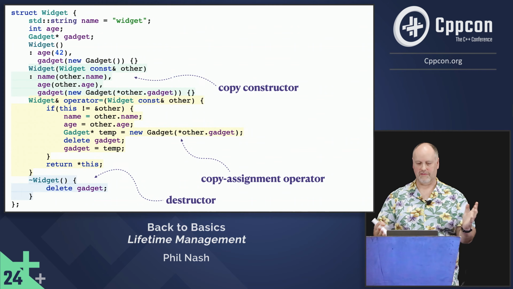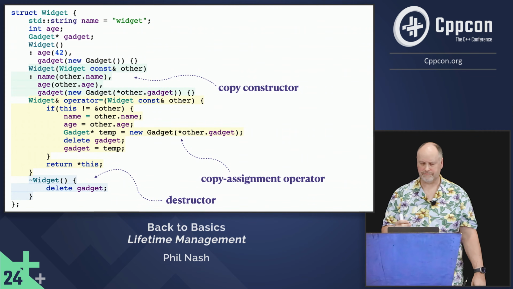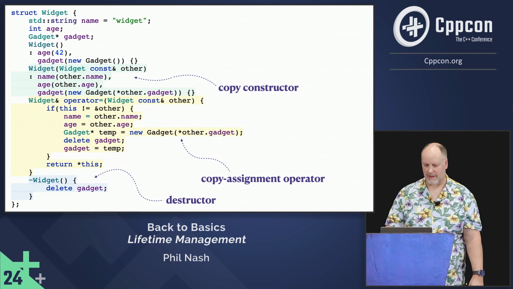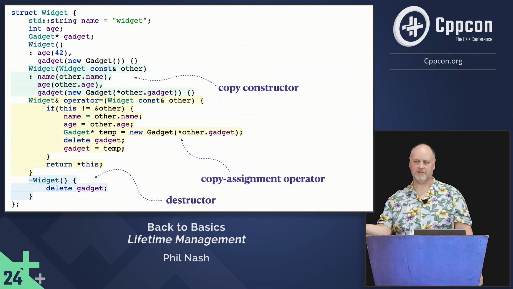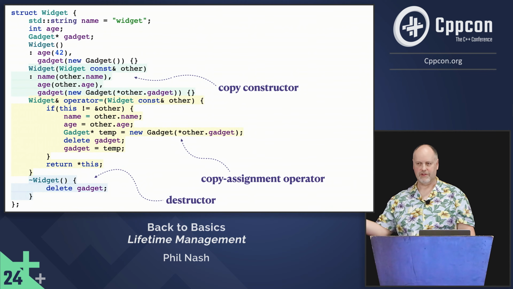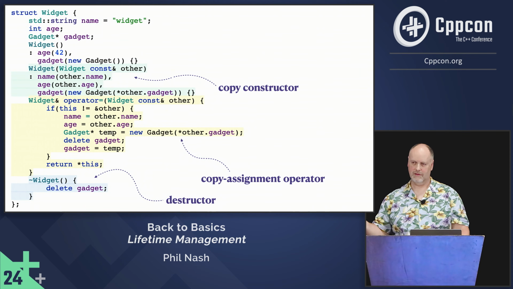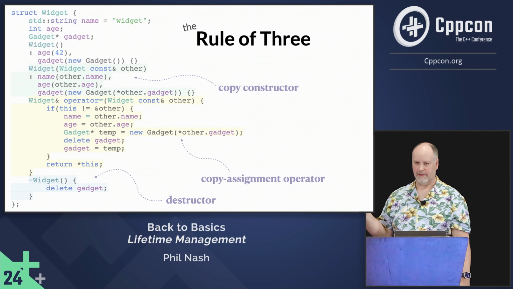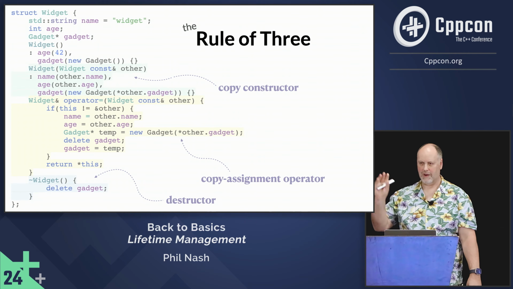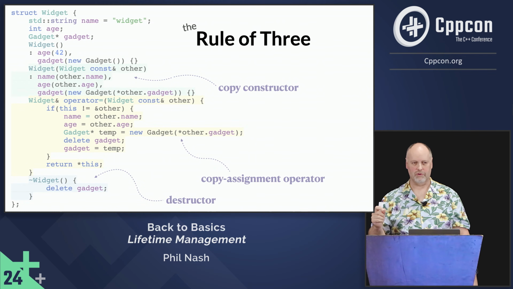We've had to write all of those things, and the assignment operator was particularly tricky to get right, and maybe we're not even quite done yet. But we had to do all of that because we introduced this pointer that had ownership of some memory. We're managing a resource. And when we're managing a resource, we're going to need all three of those special member functions. We might need some more as well. We're not done yet. But this is called the rule of three.